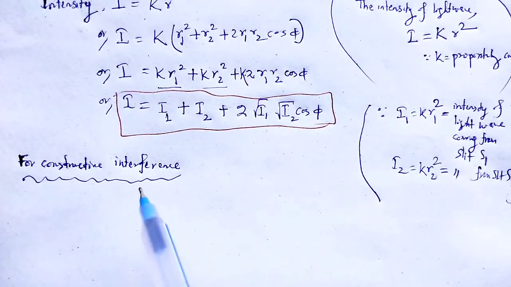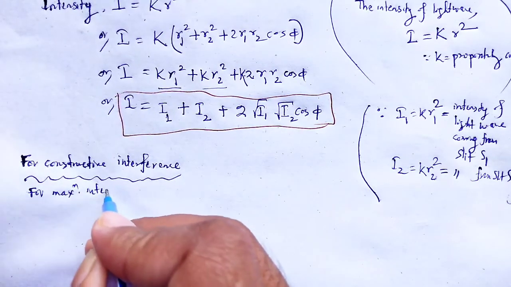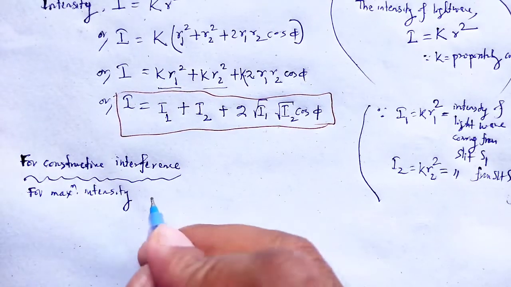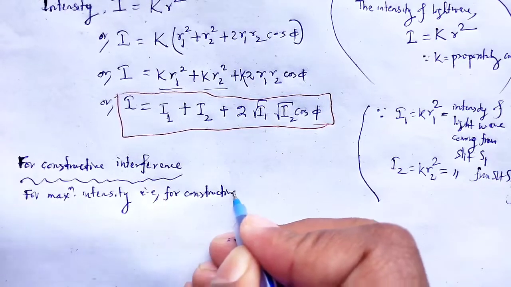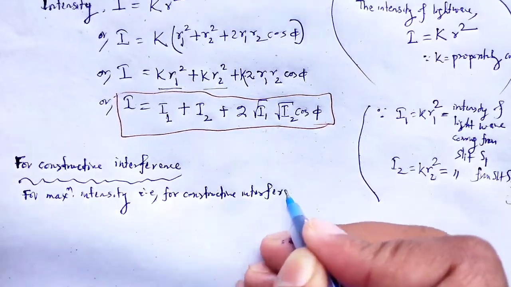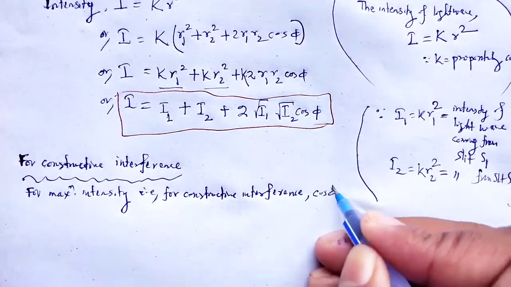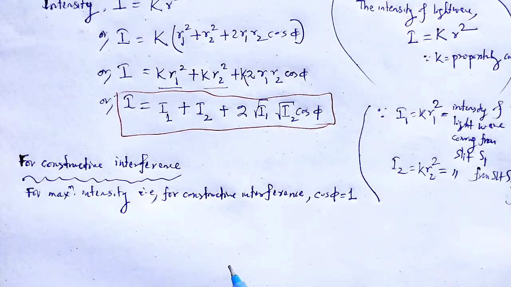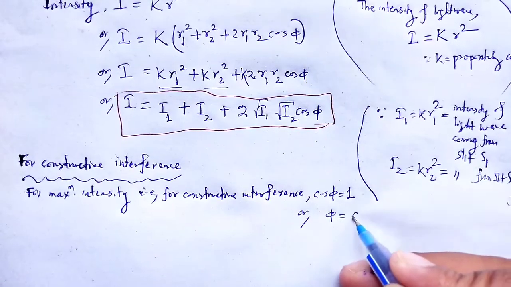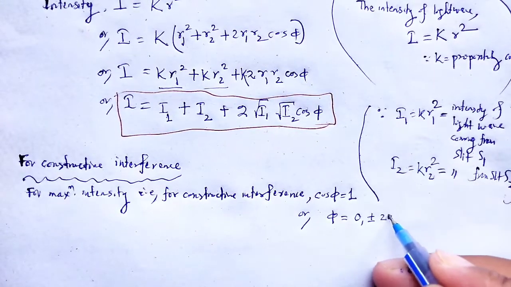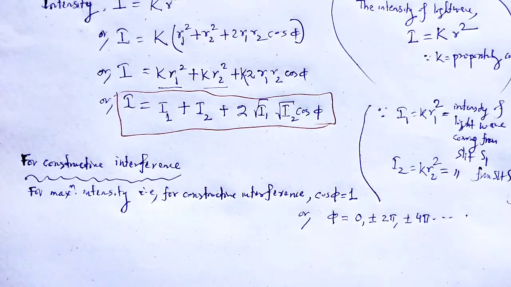The condition for maximum intensity, that is for constructive interference: cos phi is maximum, its value will be 1. Cos phi equal to 1 means phi is equal to 0, plus or minus 2 pi, plus or minus 4 pi, that is an even multiple of pi.